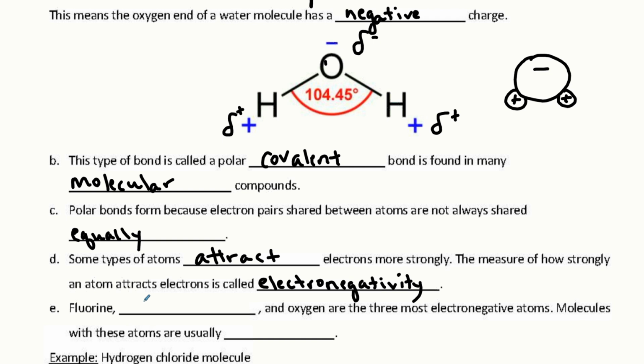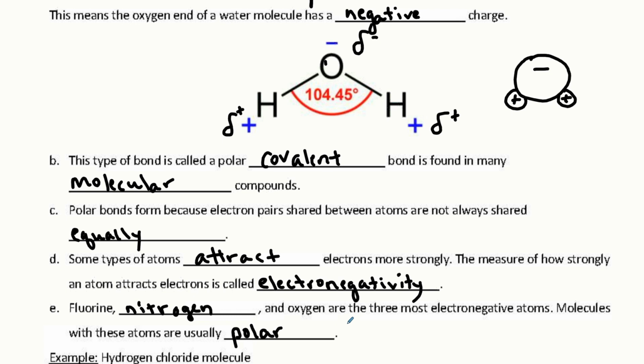The most electronegative atoms on the periodic table are fluorine, nitrogen, and oxygen. Molecules that contain these atoms and are molecular compounds are quite often polar.